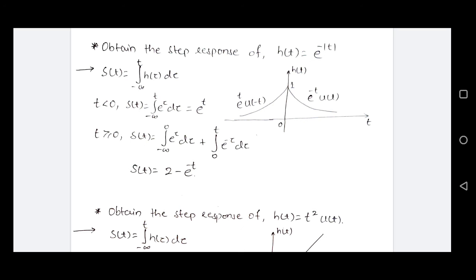Therefore, for the given system, step response is e to the power t for t less than 0, and step response is 2 minus e to the power minus t for t greater than or equal to 0.